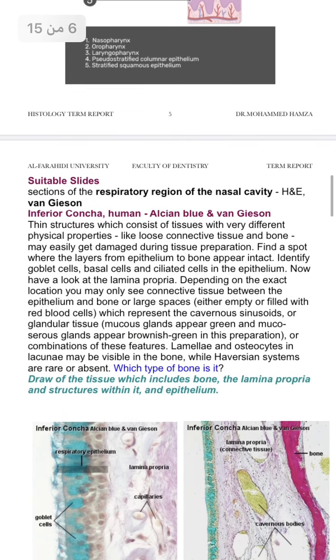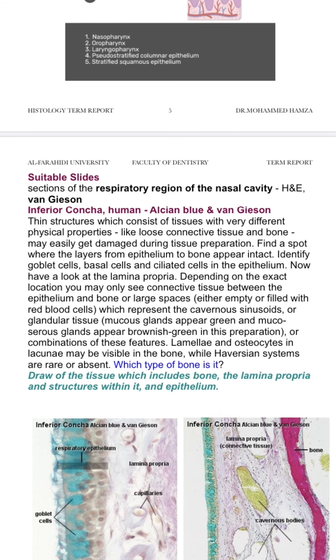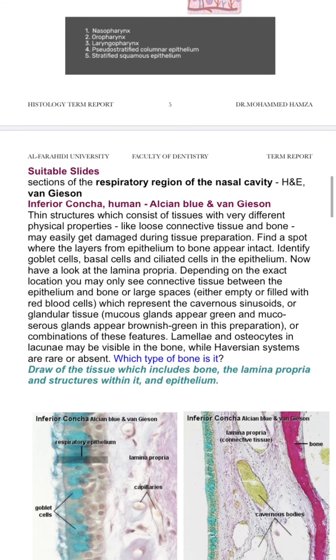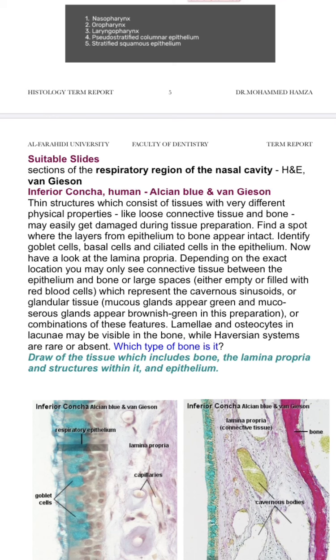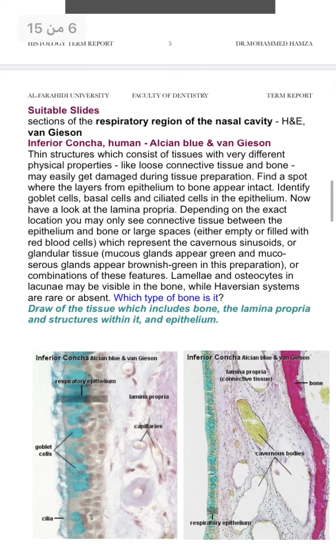Now we move to the slides. We have here the section of the respiratory region of the nasal cavity. We have the inferior concha of the human, a structure which consists of tissues with very different physical properties, like loose connective tissue and bone, which may easily get damaged during tissue preparation.